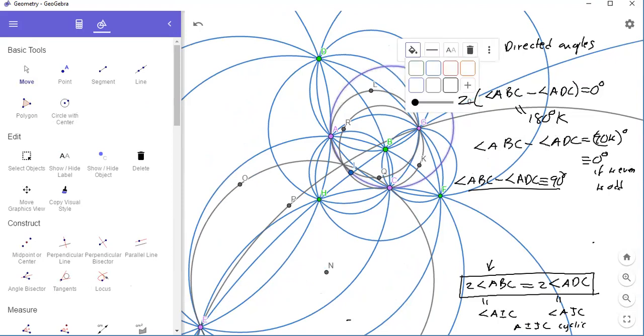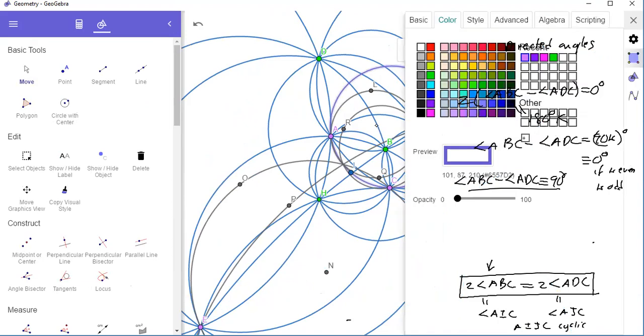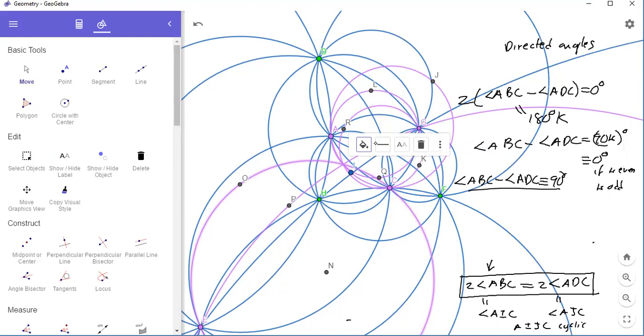So we have 3 so far, 4, 5. So we need one more.